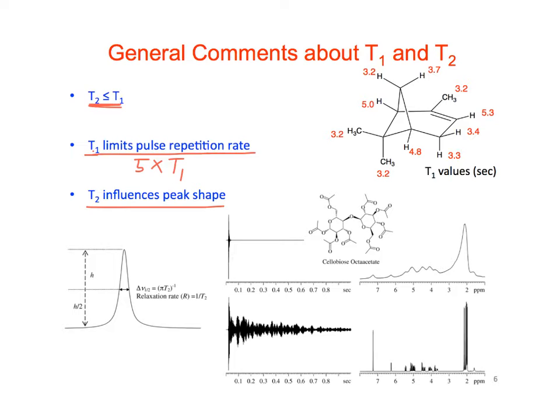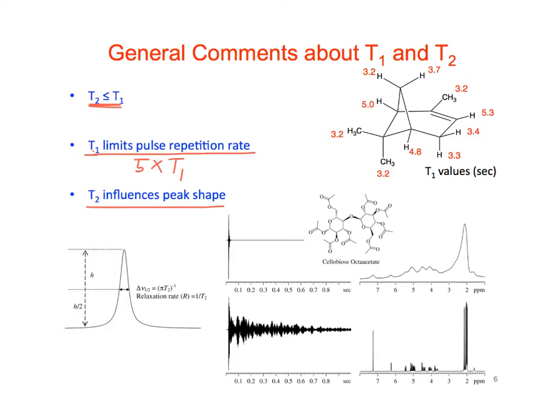But if we're getting T2 relaxation, then for a given signal, the frequencies are spreading out. And so when we do our Fourier transform, when we see a peak, we're actually seeing an overlapping of a whole bunch of different peaks, which ends up giving us a broad peak.